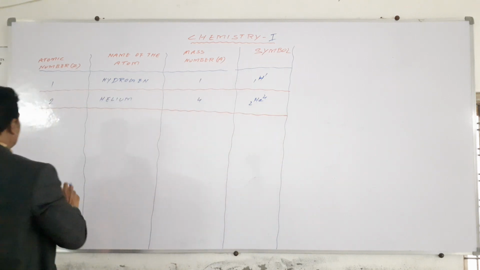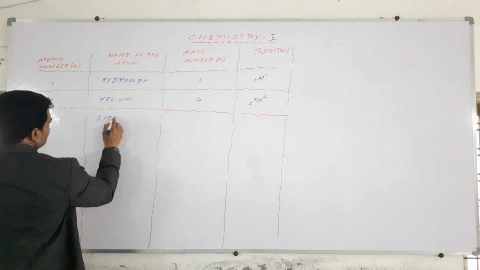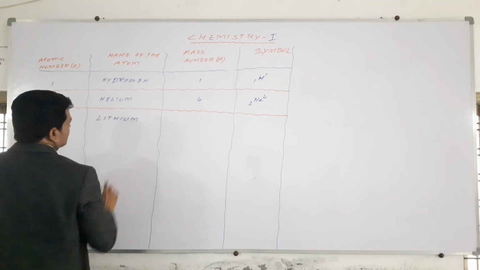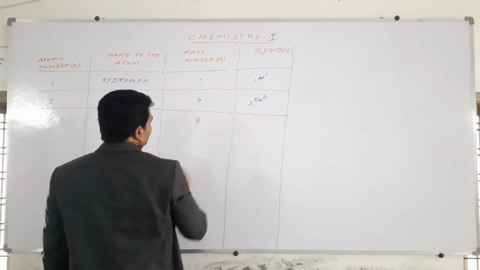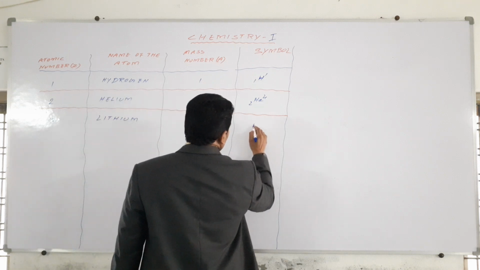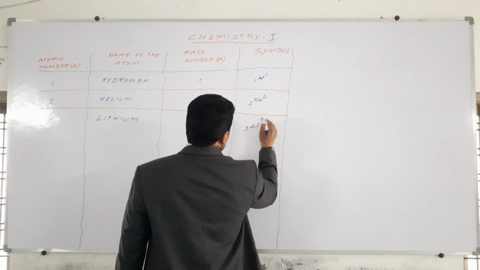Then atomic number 3. Lithium. Mass number 7. Symbol lithium 3 7.